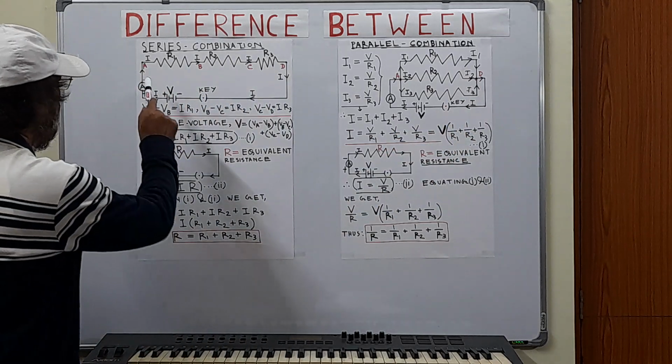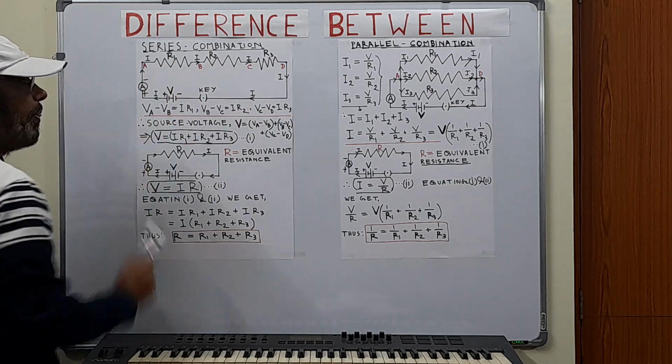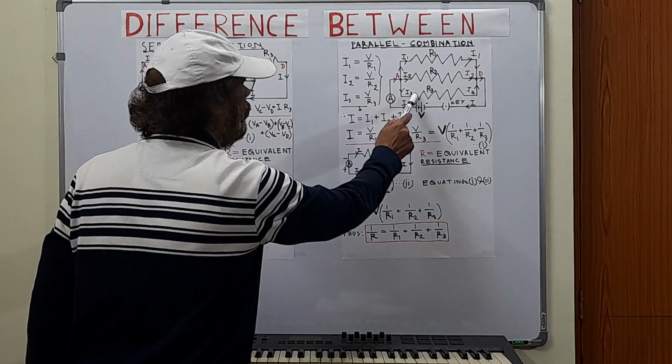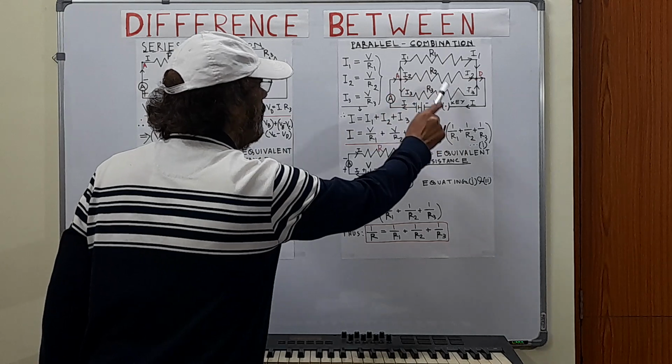Second point is that in series, the current flowing through each resistance will be the same, whereas in parallel combination, the current flowing through each resistance will be distributed and therefore different.